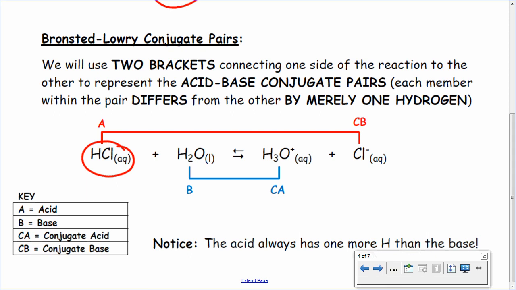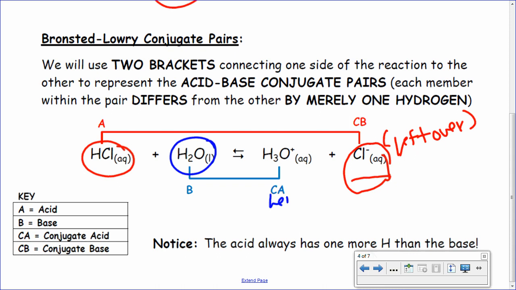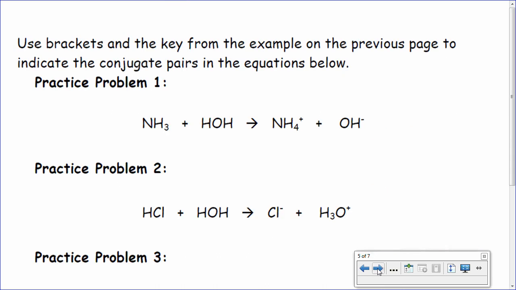Whatever is created as a result is its conjugate base, the leftover stuff. The base was easy to recognize because it accepted the proton. So the conjugate acid and the conjugate base are what's left over on the opposite side of the reaction from the Bronsted-Lowry acid and base doing their job. Don't worry about that too much. I probably won't put it on our test.